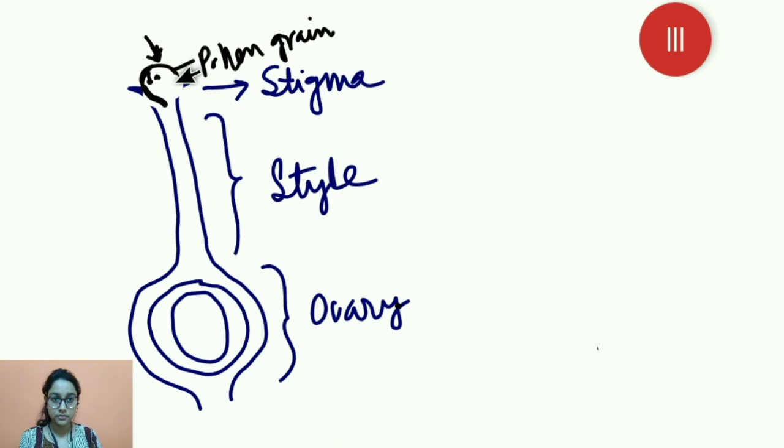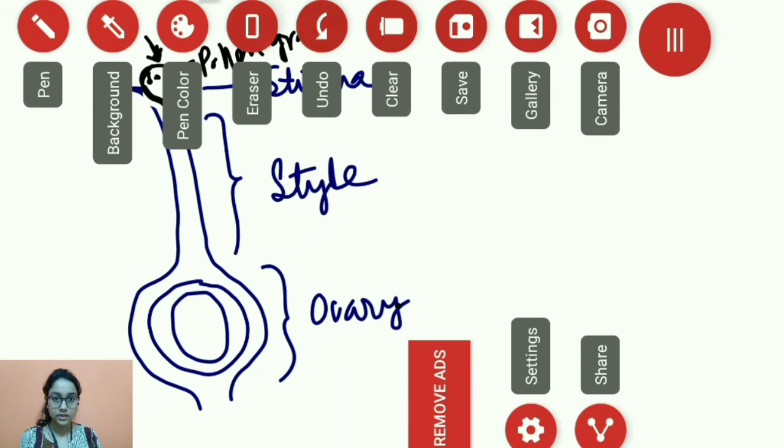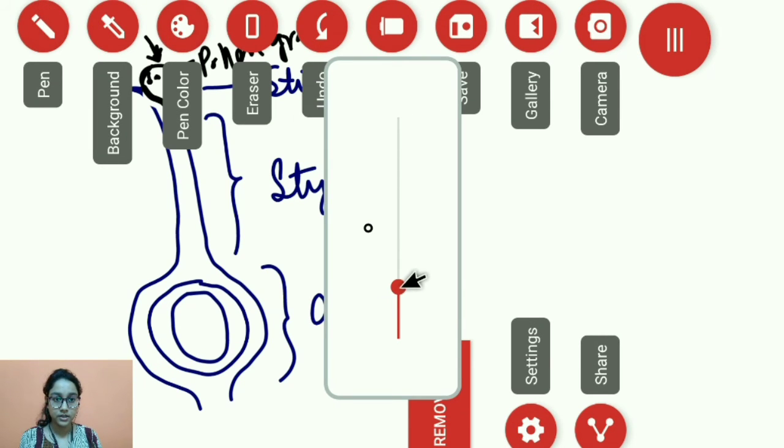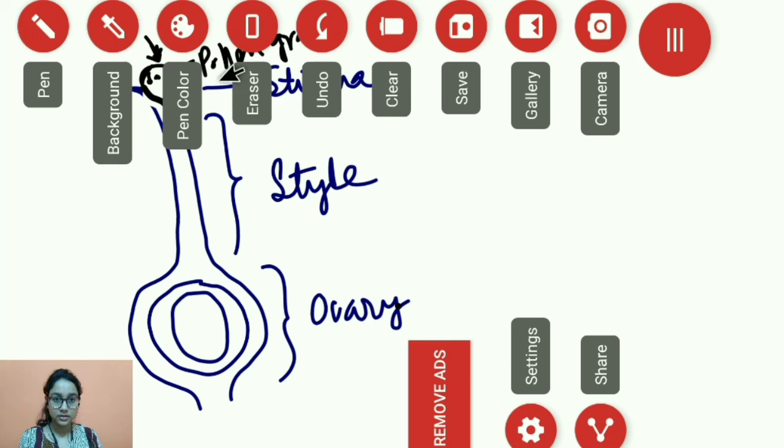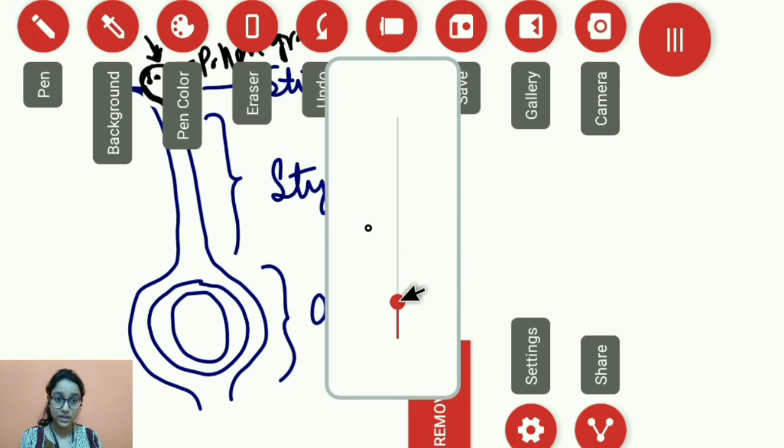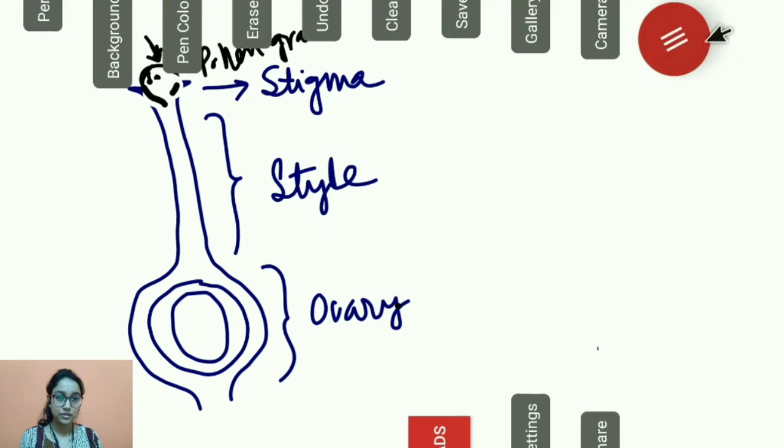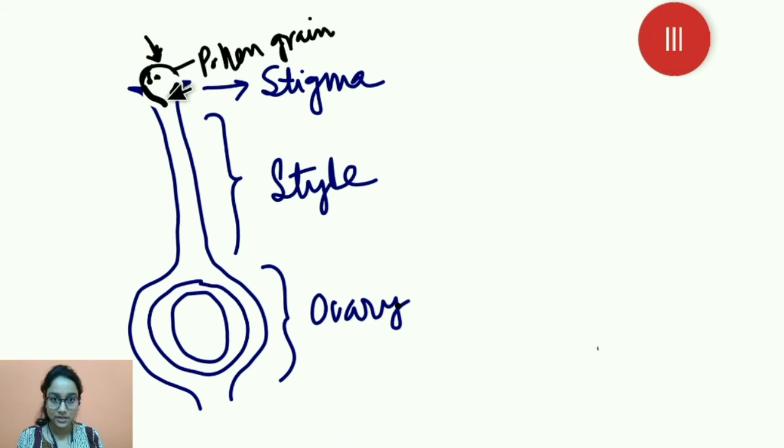Its basic aim is to enter the embryo sac and conduct the process of fertilization. The pollen tube moves forward through the style to enter the embryo sac.